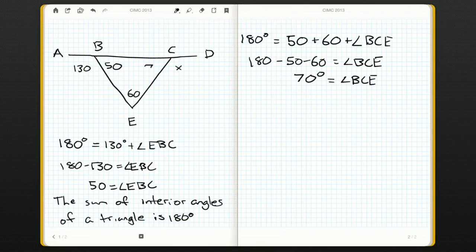Okay. So we put in a 70 right here. And now we're in position to get x. Just as before, when we got this 50, it was because lying along a line, these two angles were going to be supplementary or complementary. Actually, now I can't remember. They add up to 180 degrees is my point. I think it's supplementary, actually.